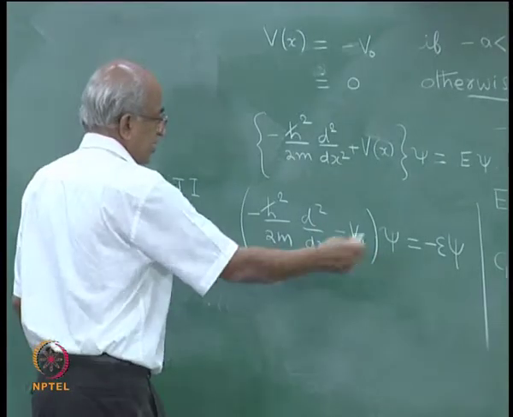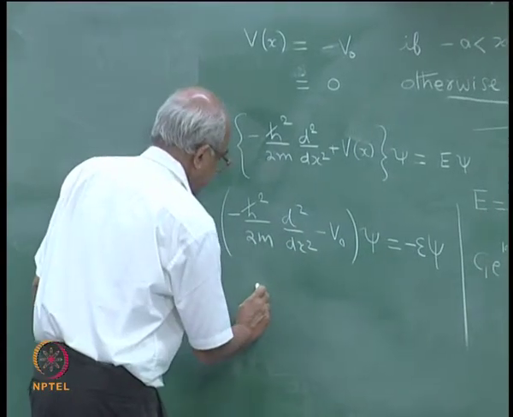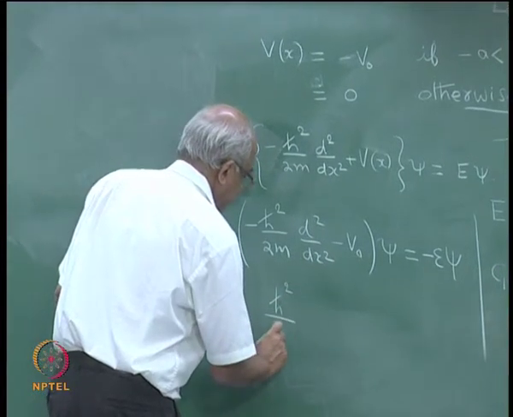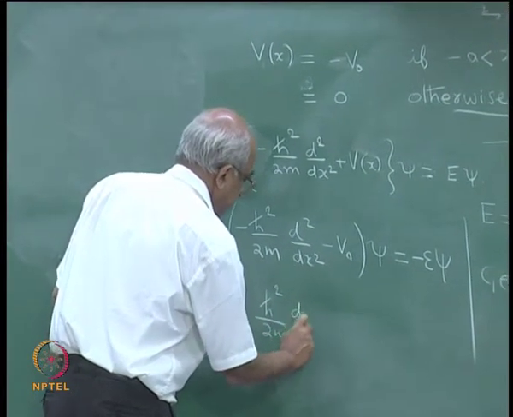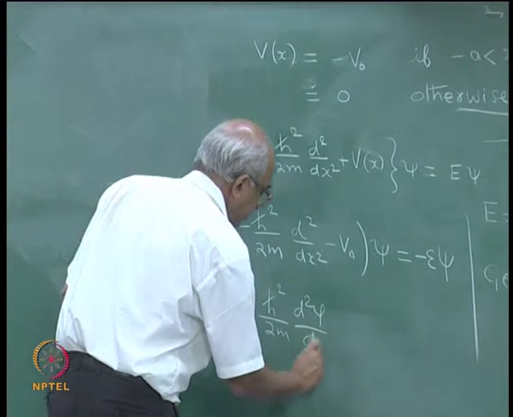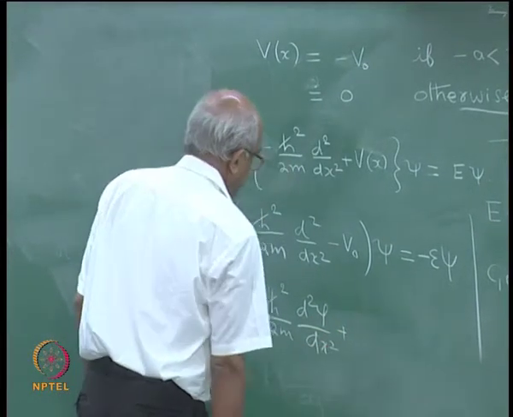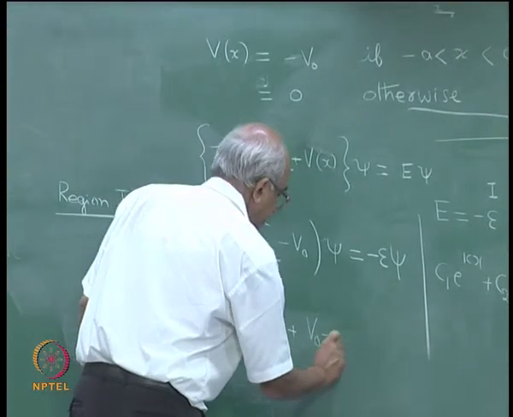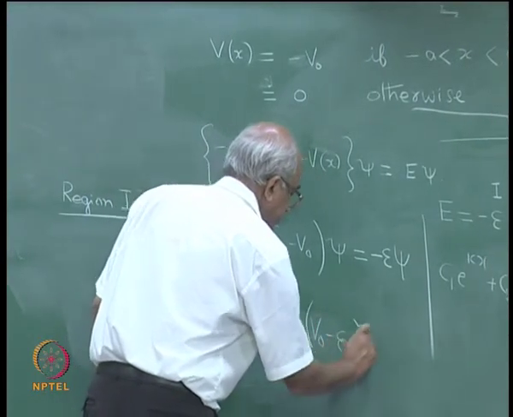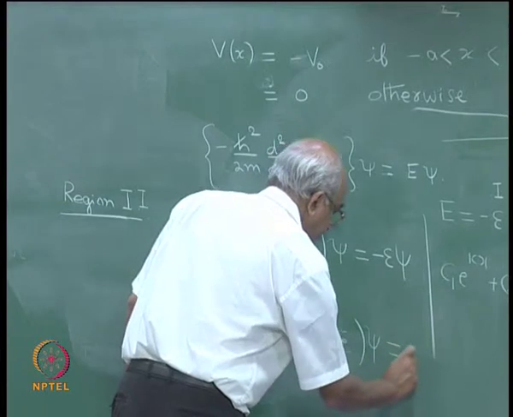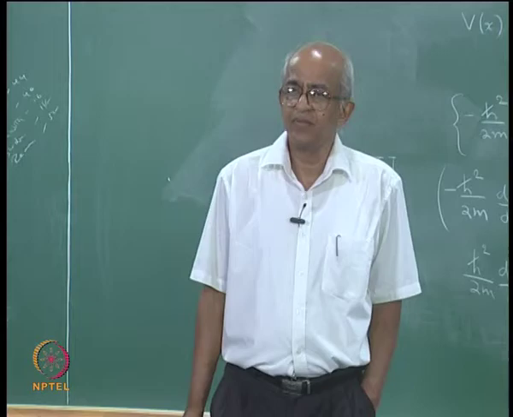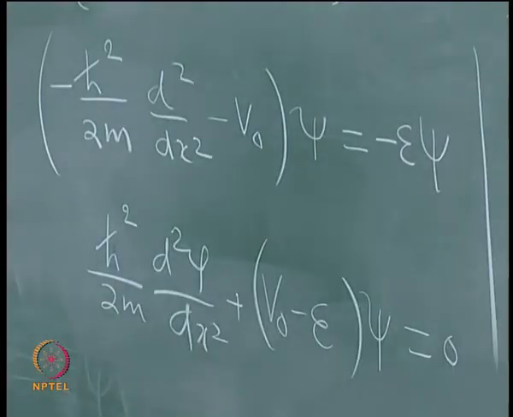You can easily rearrange this equation. What is going to happen is you are going to get h cross square by 2 m d square psi by dx square plus V 0 minus epsilon into psi is equal to 0. Right?